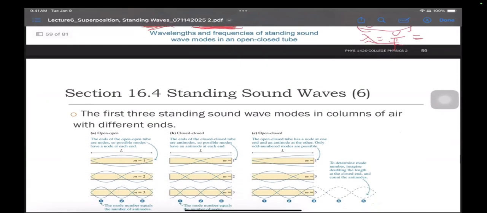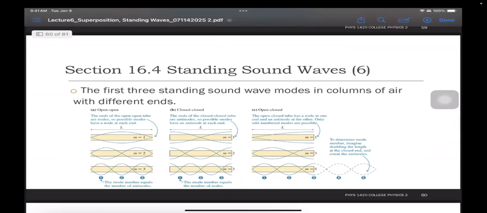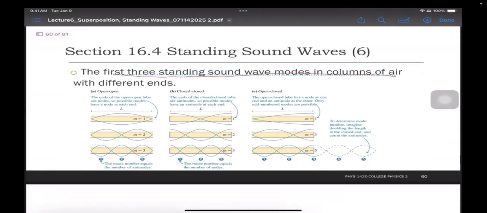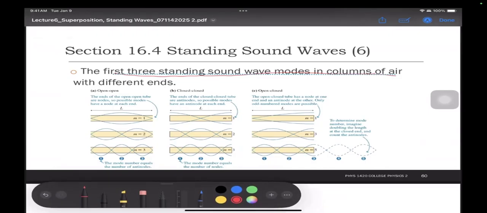Okay, let's summarize standing sound waves. Here are the first three standing sound wave modes in columns of air with different ends. Here is the open, and you can see here are nodes, and this is just m equals 1, and here are nodes. And for closed, because it hits the end and generates a compression, this will be an antinode, and then here is an antinode.